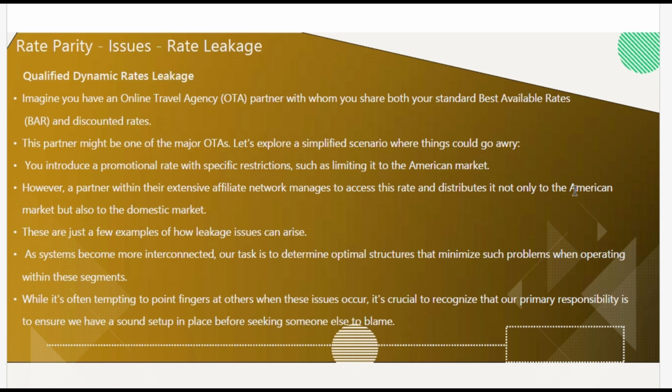Now, that was static rates, and now we have qualified dynamic rates leakage. Imagine you have an online travel agent partner with whom you share both your best available rates and discounted rates. This partner might be one of the major OTAs. Let's explore a simplified scenario where things could go awry.